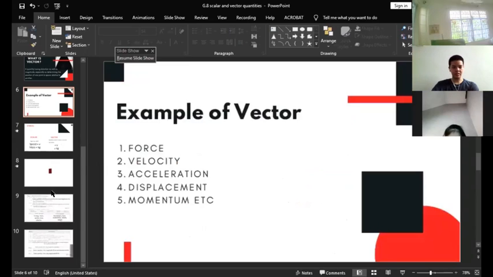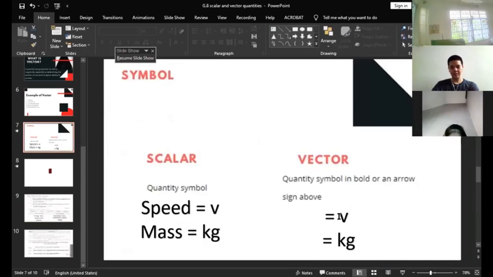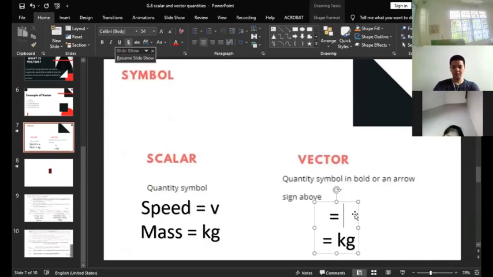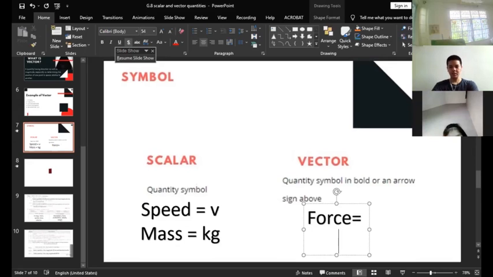Force. Okay, let's do force. What is the symbol of force? Symbol of force is what? F. Are you sure? It's an arrow.